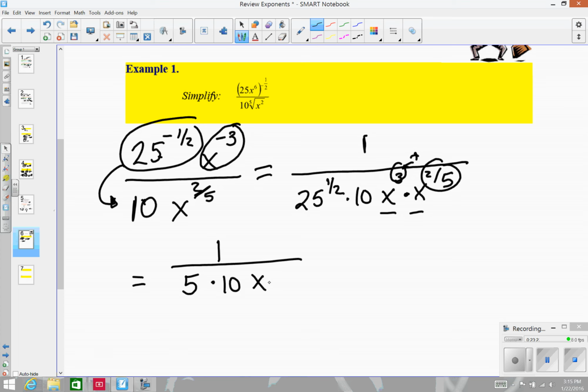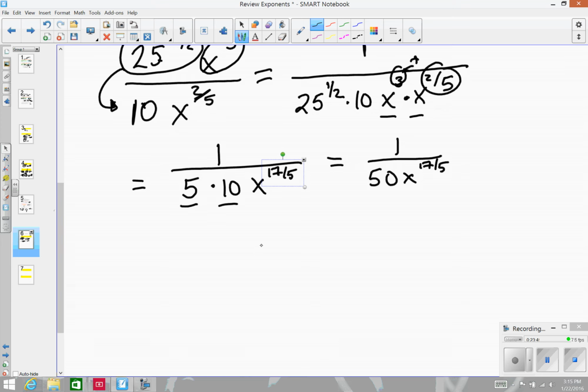So I've got x to the 3 and 2/5. Well, if I make that into one improper fraction, I would have 17/5. Because I can put those two numbers together in the denominator, let's simplify things by doing that. So here's one representation of an answer.